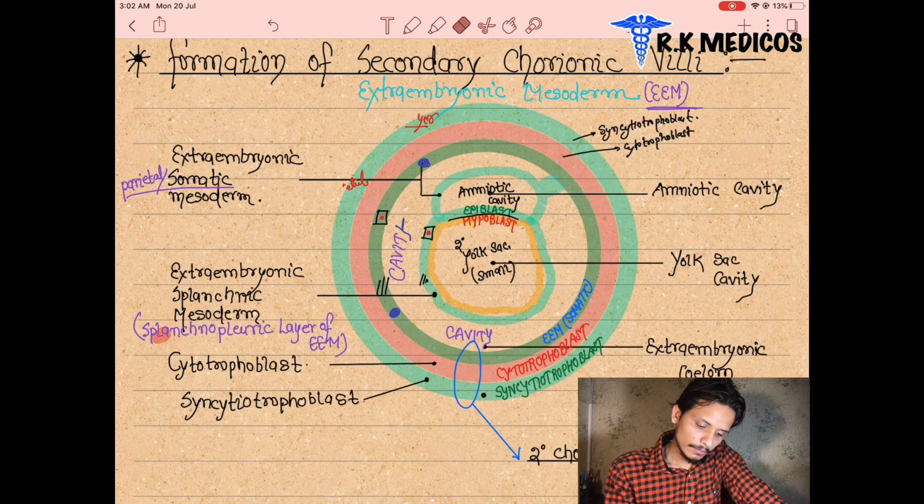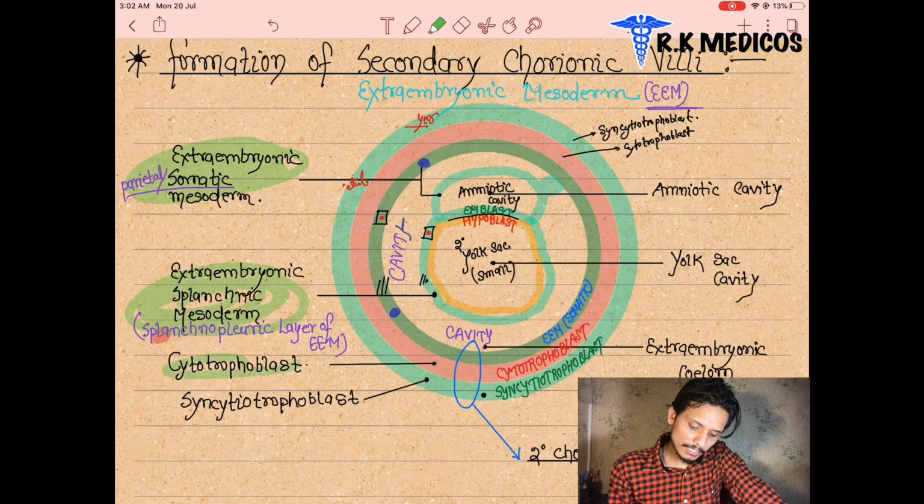Now this one is clear, extra embryonic mesoderm, parietal or somatic, that is the outermost layer of the extra embryonic mesoderm. This is the splanchnopleuric layer, this is the cytotrophoblast, the second most, and the syncytiotrophoblast, the outermost.